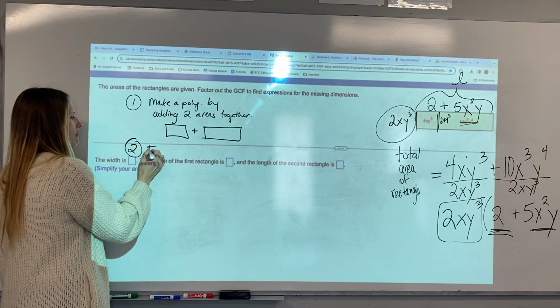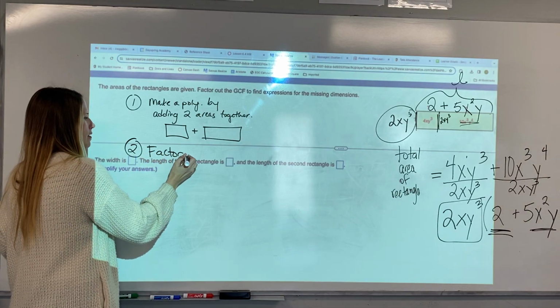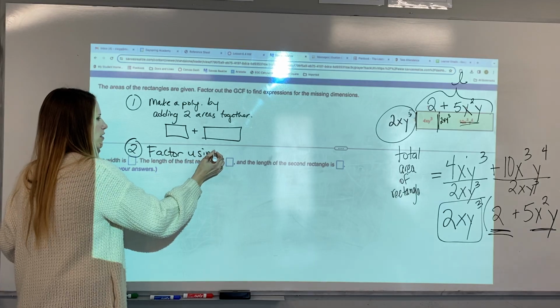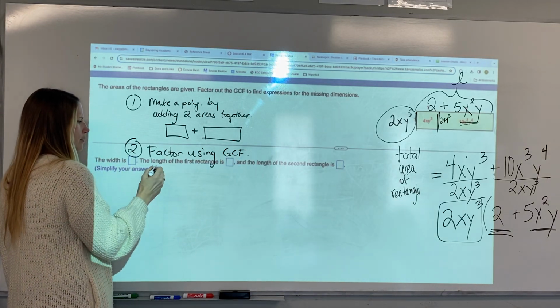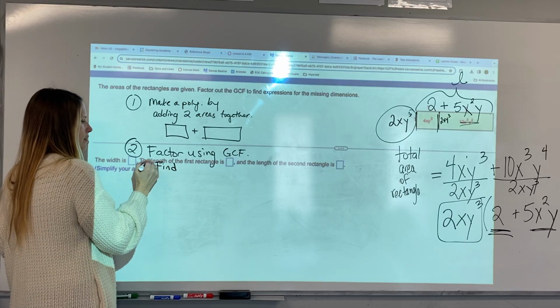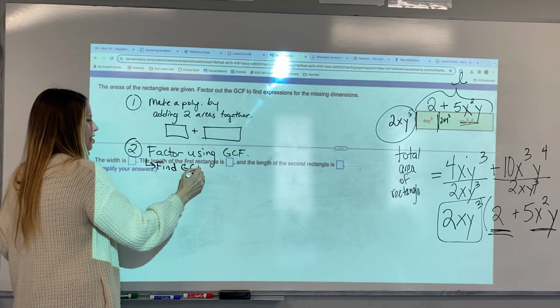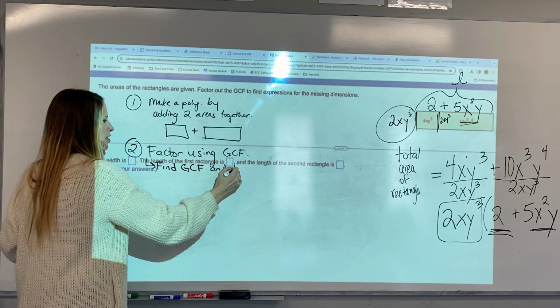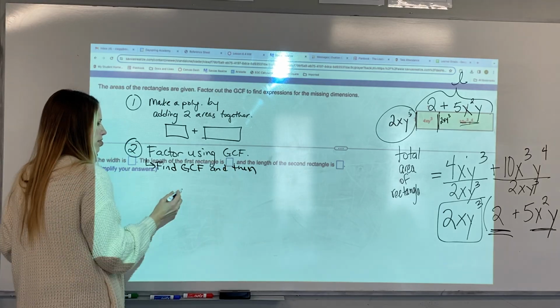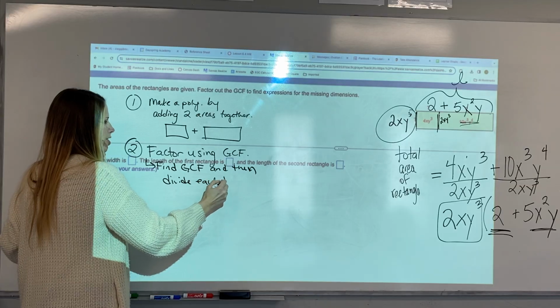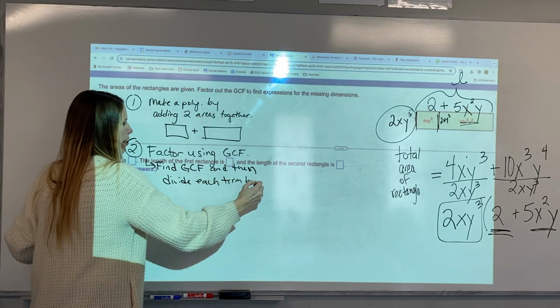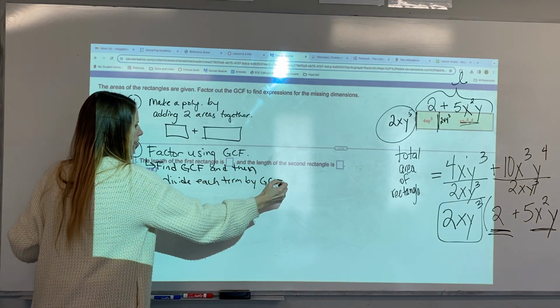Then factor using GCF. So find the GCF and then divide each term by the GCF.